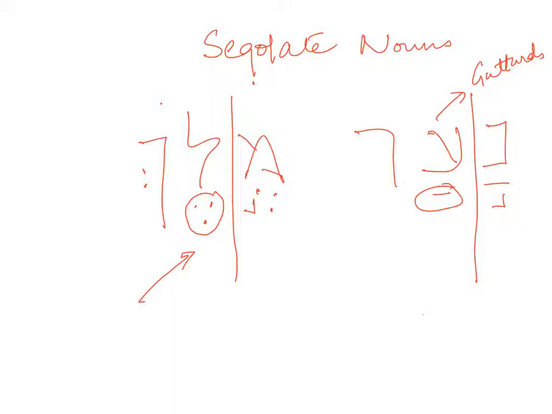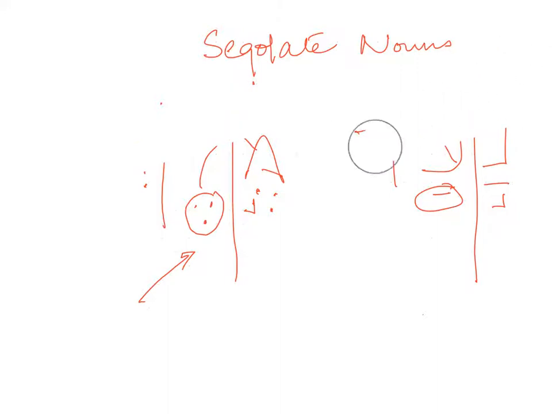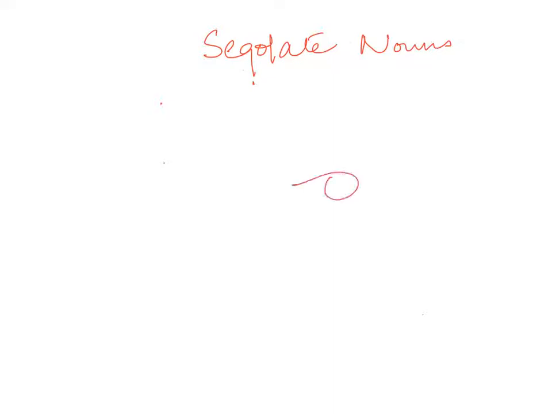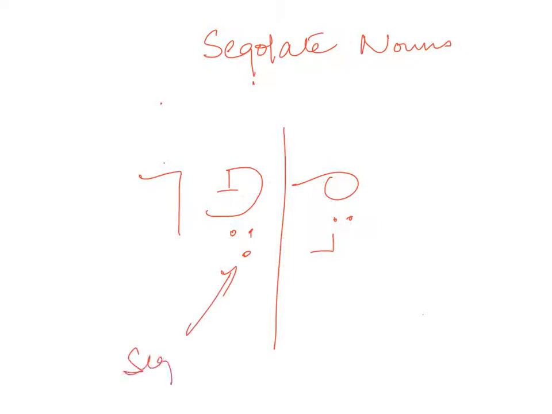Okay. Or the next one, sefer. Again, this is a bisyllable word. The second syllable typically will be a segol.